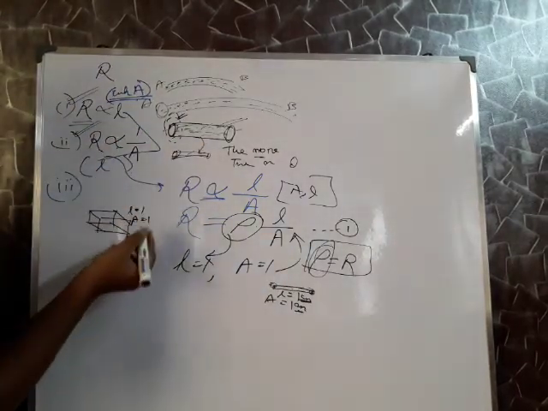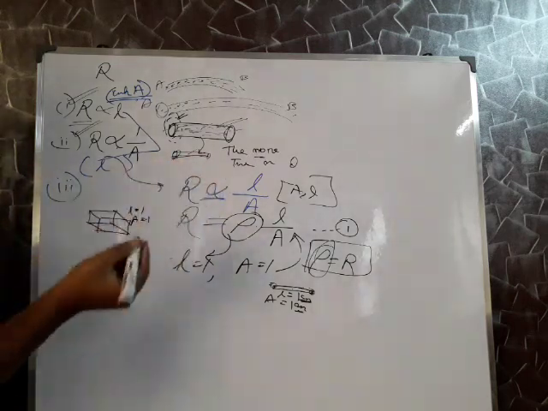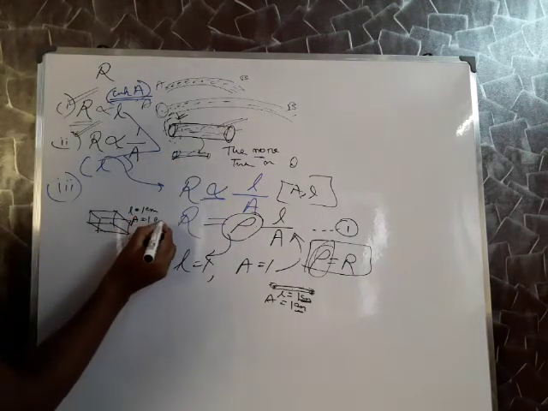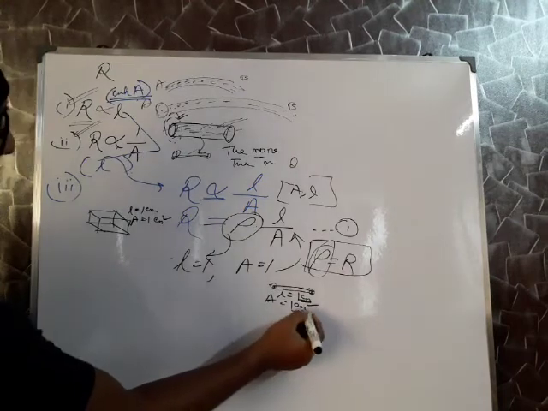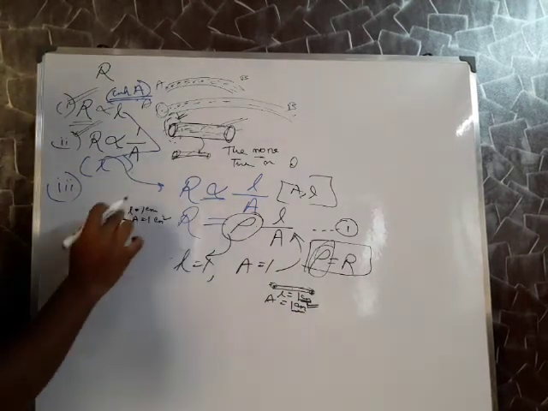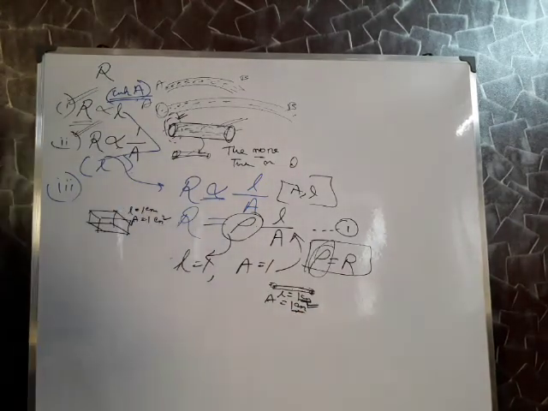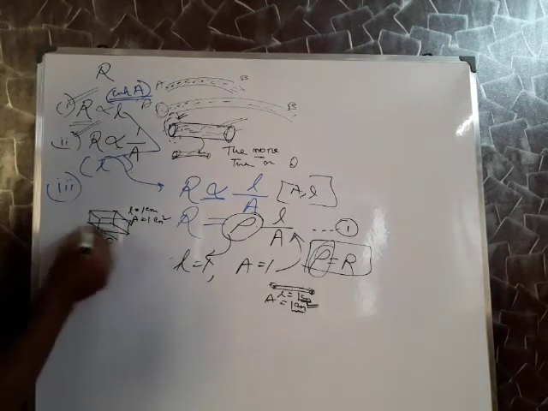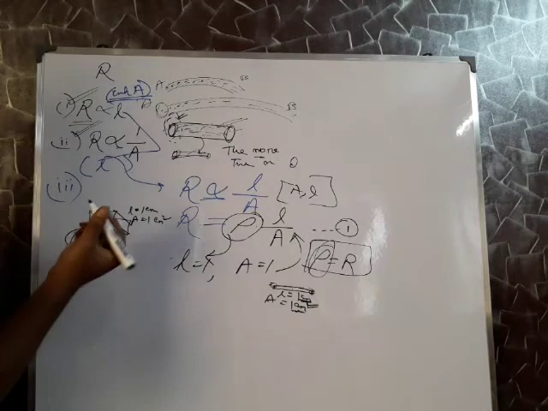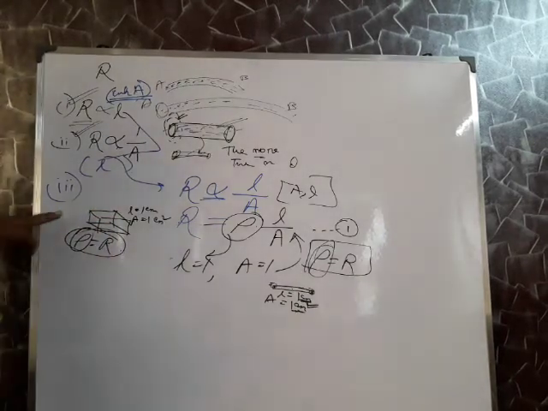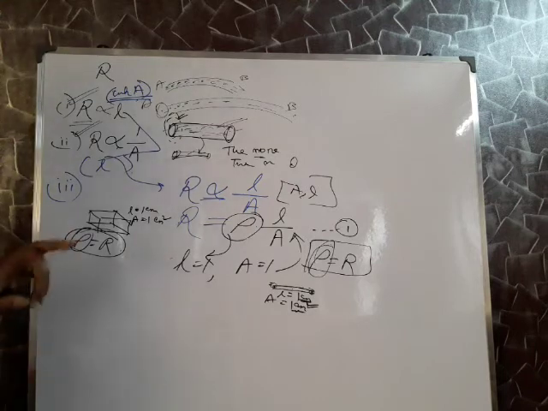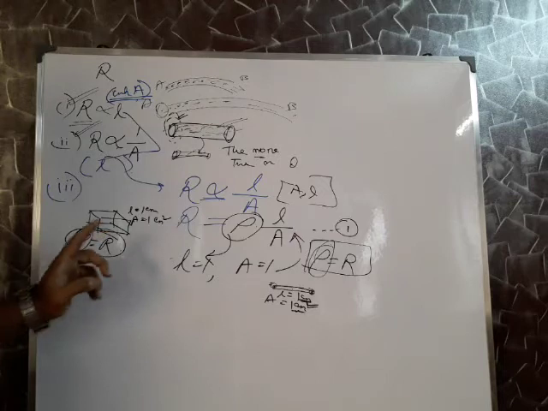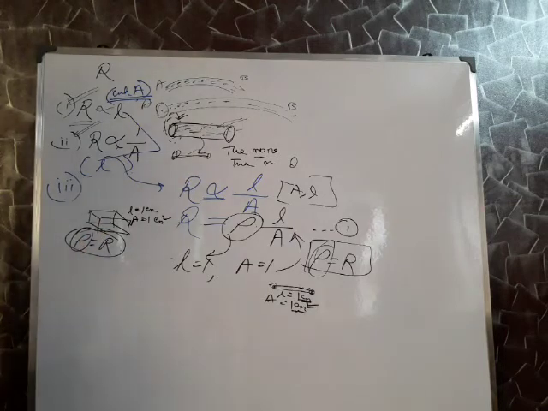So if L equals to 1 centimeter, then A equals to 1 centimeter square. Then what will be the rho? Here rho equals the resistance. That means for the unit cube, the resistance between two opposite sides is called resistivity or the specific resistance.